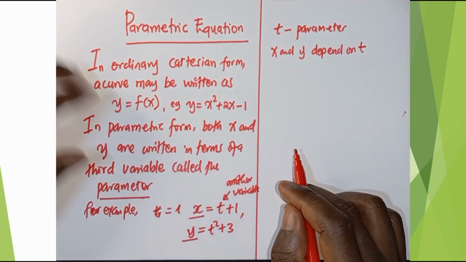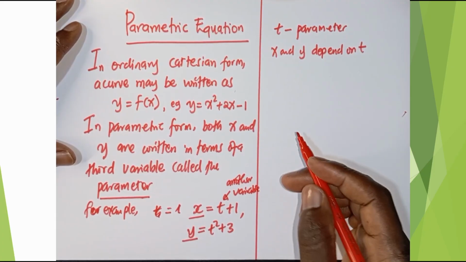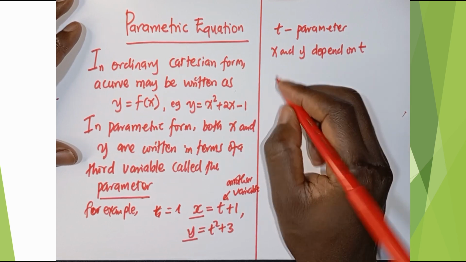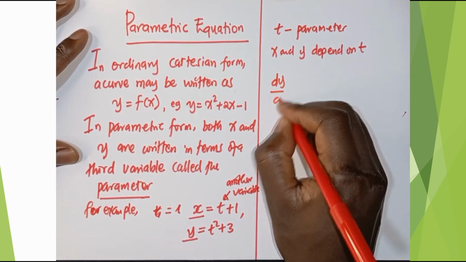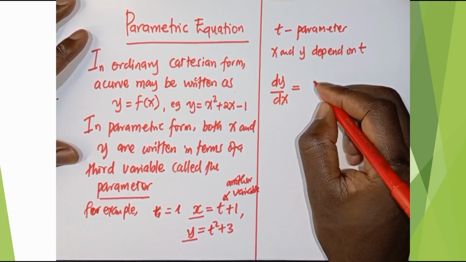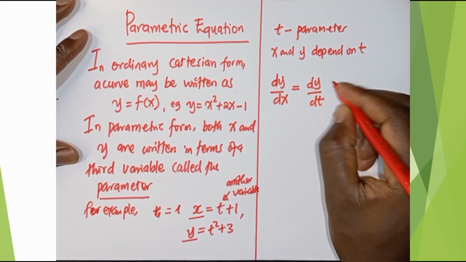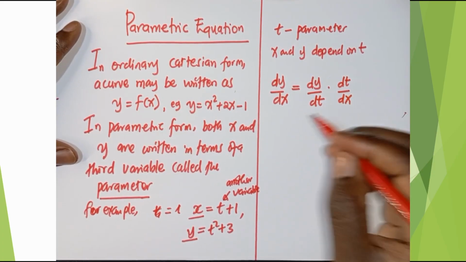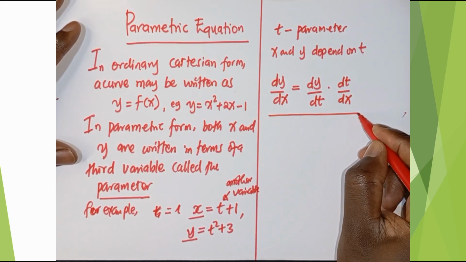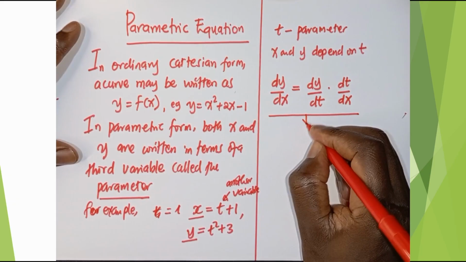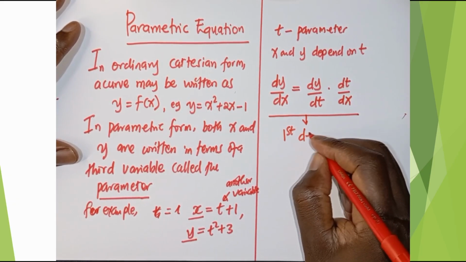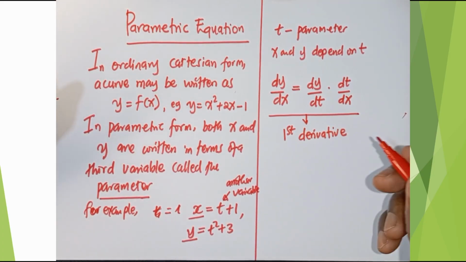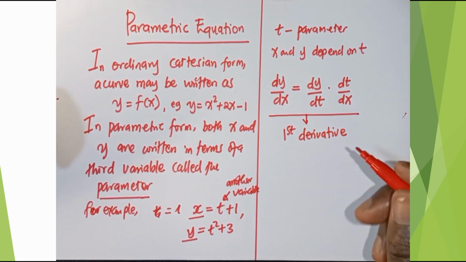To differentiate a parametric equation, we normally use the chain rule: dy by dx is the same as dy with respect to t times dt by dx. This is known as the first derivative of a parametric equation, and we are going to see examples.